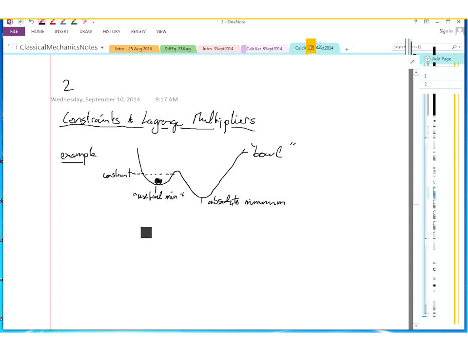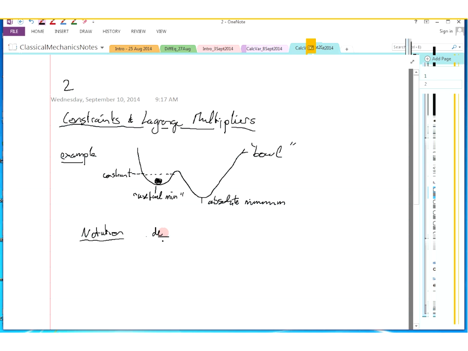Just because I'm running out of letters in the alphabet, notation-wise, I'm going to use q's instead of x, y and z.